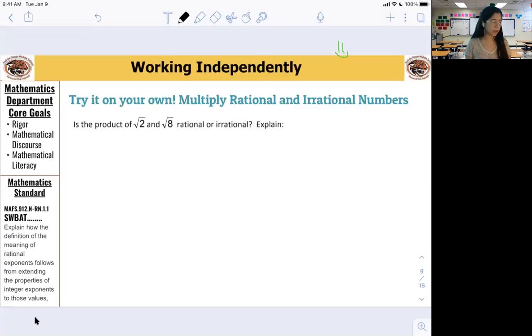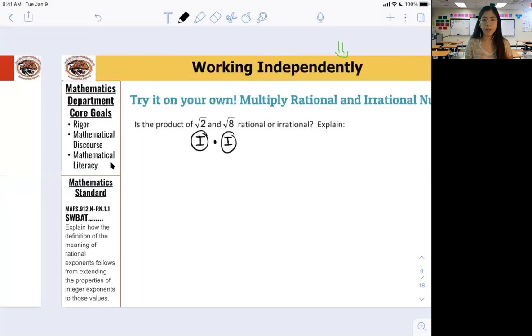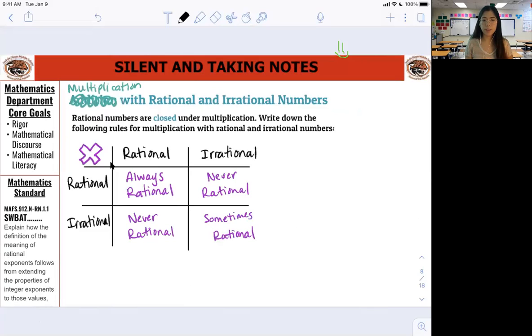Any votes for rational? Okay, I see a couple people raise their hand. So, square root of 2, irrational. Square root of 8, irrational. And we know that irrational times irrational is sometimes rational. So we've got to watch out. So we've got to check.